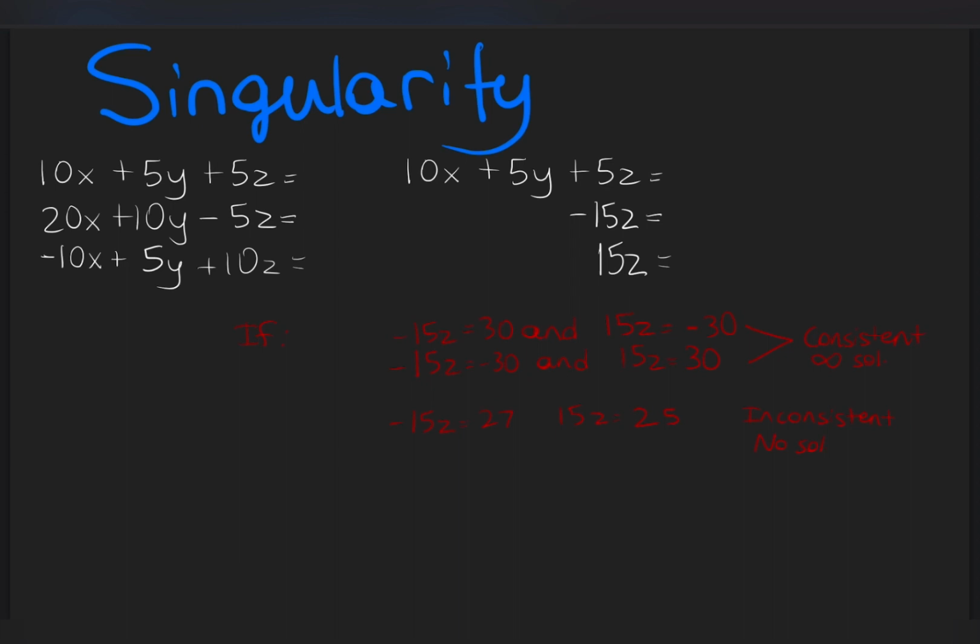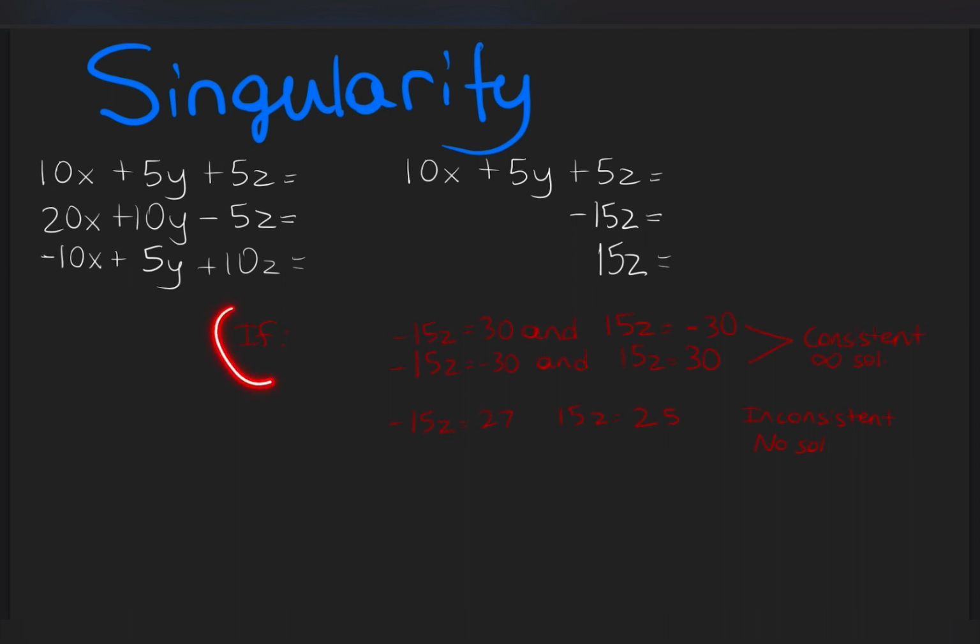So let's see if there are infinite solutions or no solutions. Since we can't really do a row exchange because there is still only one variable in two equations, we know that this solution is going to be singular. If this row had two variables left, then we could just perform a row exchange and the system of equations would not be singular. It would be non-singular.